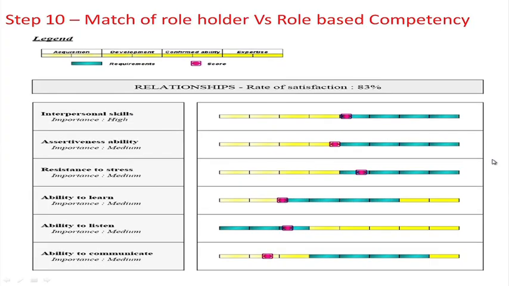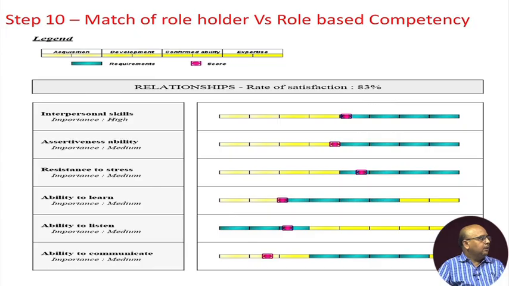Now, if you look at this, it is given here. So, some of the skills which have been measured here, right, at 4 levels, that is beginning level, development level, confirmed level and the expertise level. So, these are the things, and this shows the score.